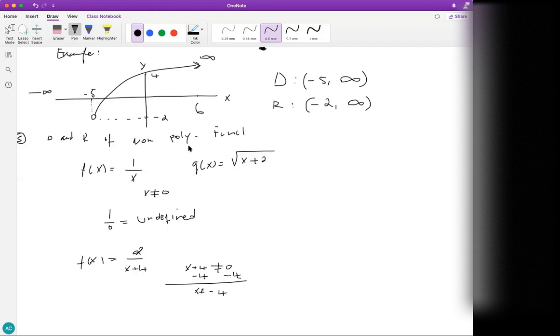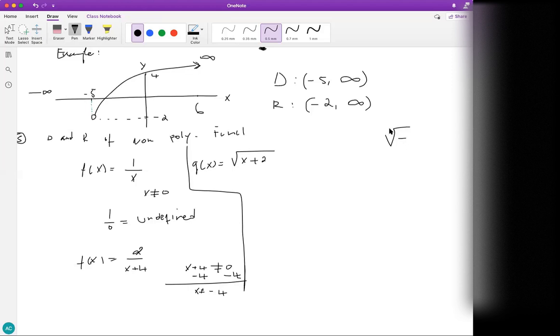For here, when we have a radical, inside the radical, we can't have a certain type of numbers. What kind of numbers, or what kind of signs of numbers, can't we have inside of a radical? The radical does not take negative numbers in.